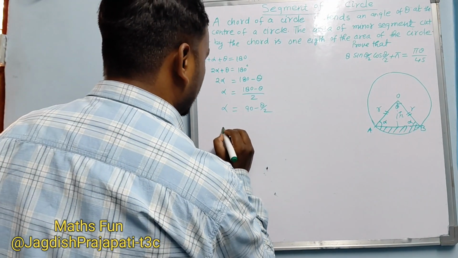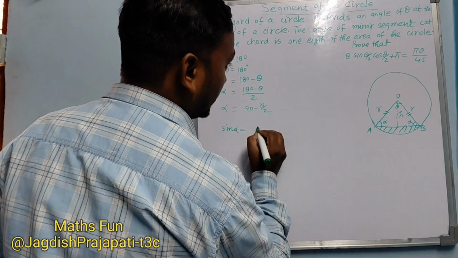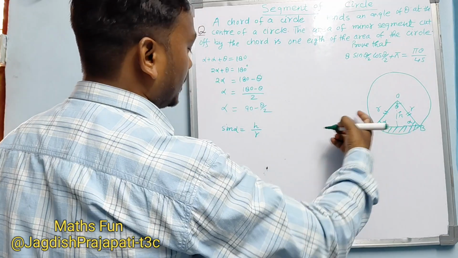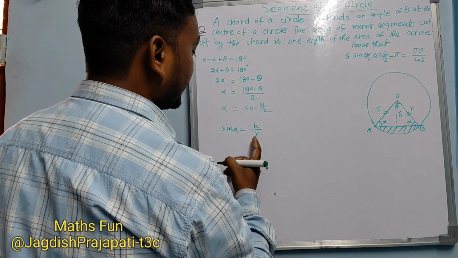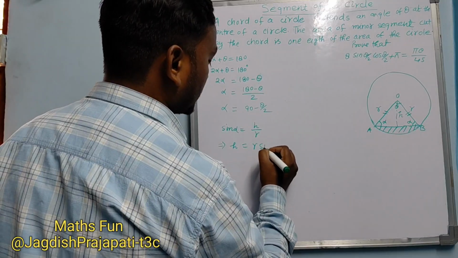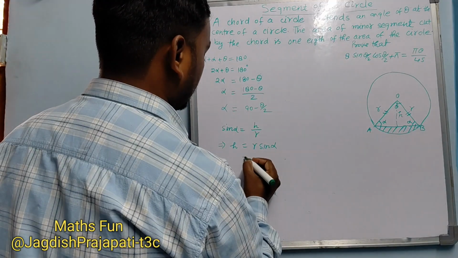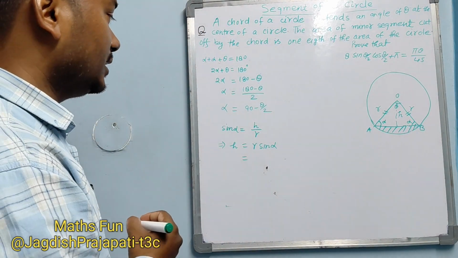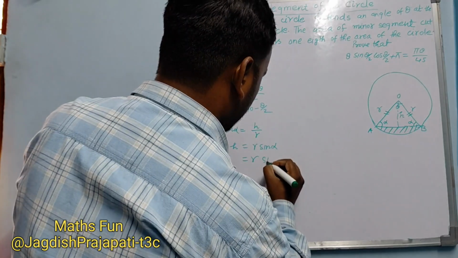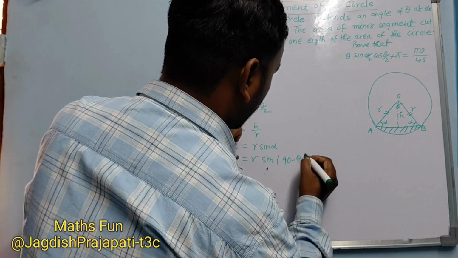So you can use sine alpha. Sine alpha will be h by r, perpendicular upon hypotenuse. So this implies h equal to r sine alpha, and this alpha is 90 minus theta by 2.